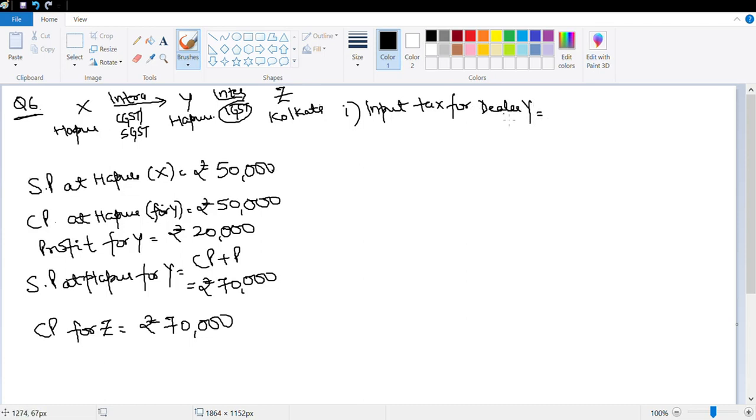Input tax is calculated at CP. What is the GST rate given? I haven't written the GST rate. So GST at the rate of how much? GST is 28%. So input tax for dealer Y will be 28% of the cost price for him, which is rupees 50,000.